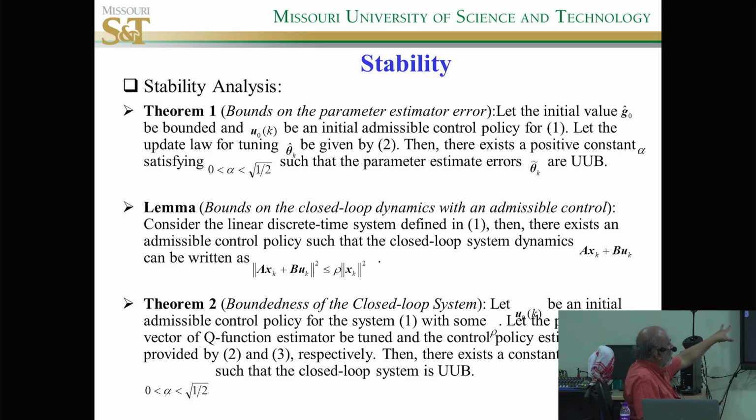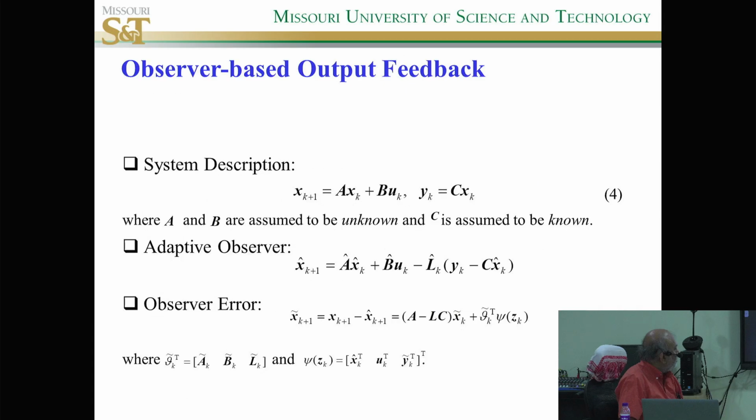That alpha has to be within 0 and square root of half, such that the estimation errors are all uniformly ultimately bounded. And then we show the proof. Theorem 2 shows the boundedness of the closed loop system. So theoretically we show everything is converging, everything is bounded. Now that's the state feedback.